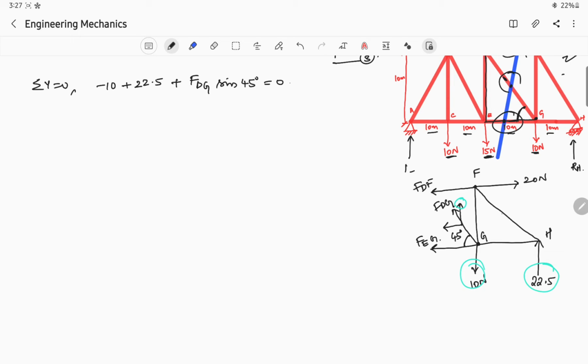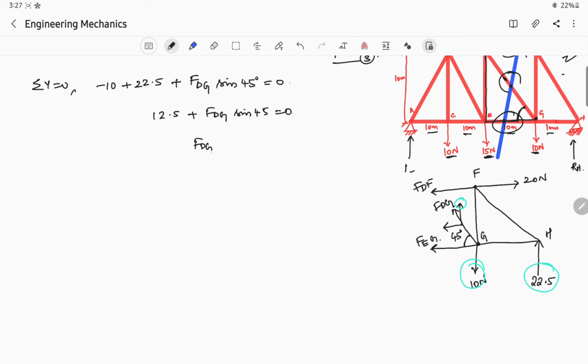So what are the forces we have here? 22.5 minus 10 is 12.5, which is equal to FDG sine 45. It's not equal to, it should be plus, equal to 0.